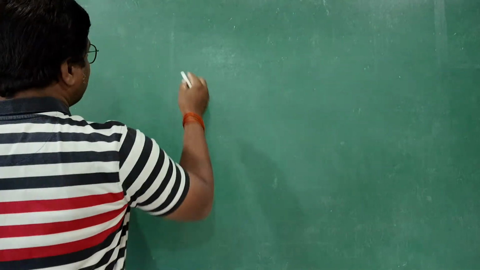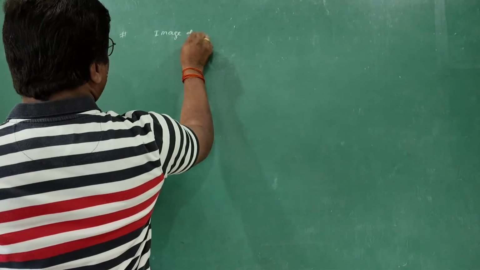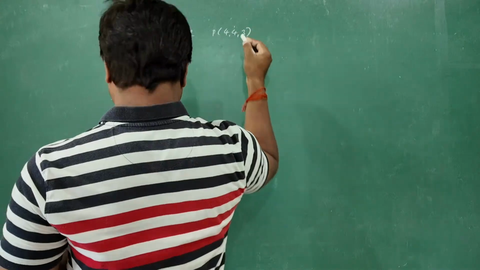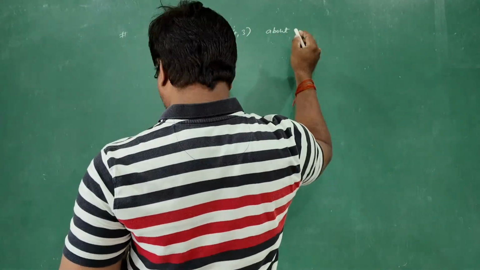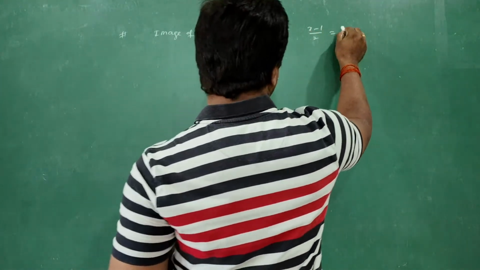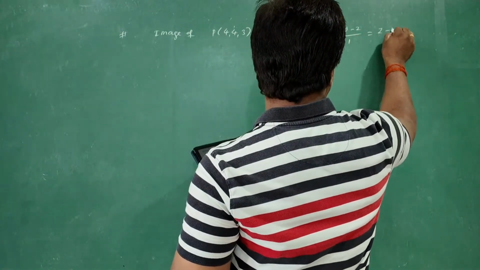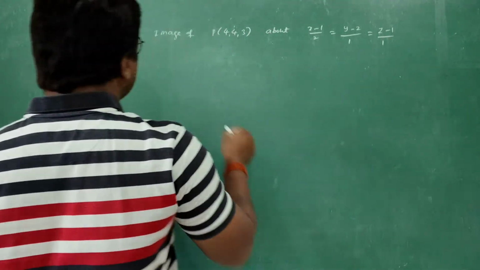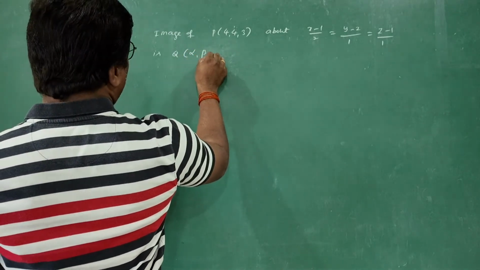The question is, image of P (4, 4, 3) about the line given by (x minus 1) by 2 equal to (y minus 2) divided by 1 equal to (z minus 1) divided by 1, is given as Q (alpha, beta, gamma).